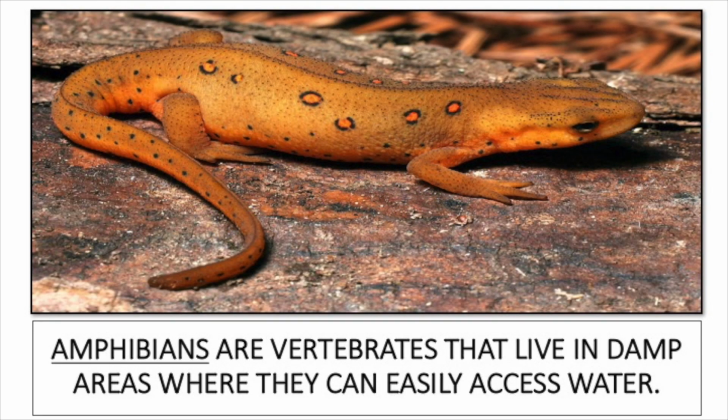Amphibians are vertebrates that live in damp areas where they can easily access water. Yes. A great place where you might find amphibians is a pond, because it's very close to water and it's cold and damp.